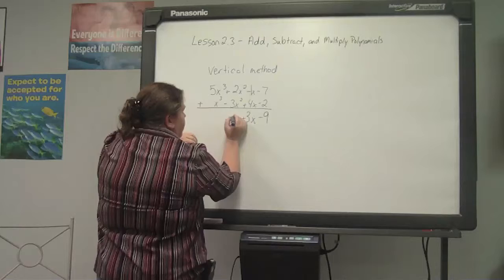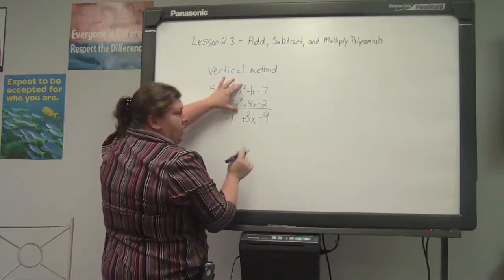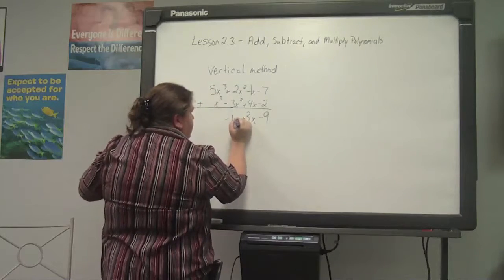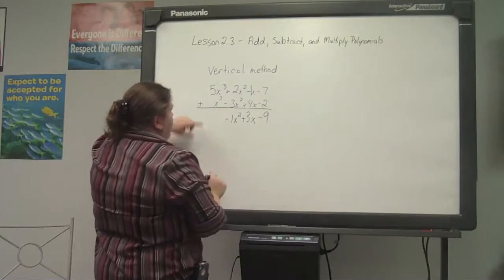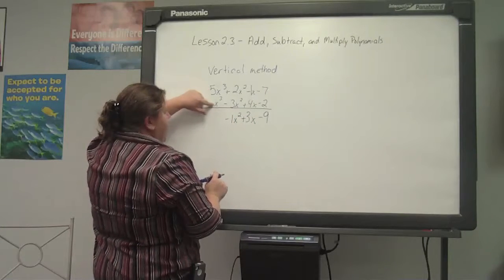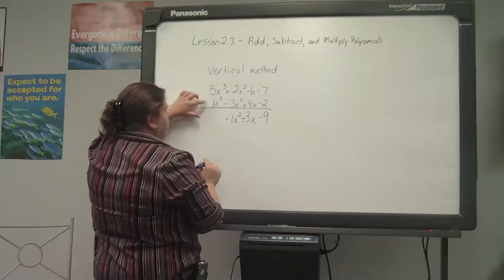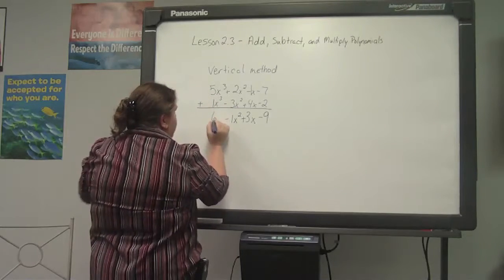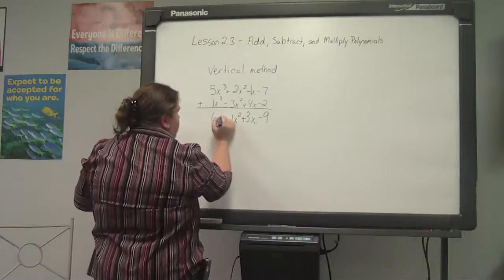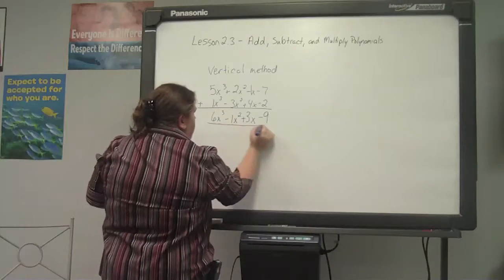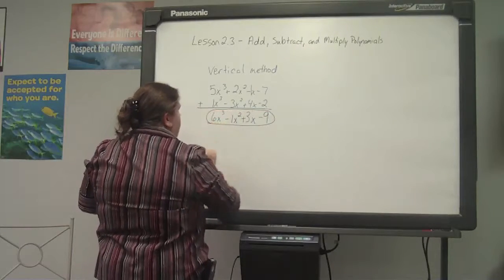That gives me a negative 1, and again I keep my x squared. Nothing changes with it. And then I have 5 plus x, and remember x means 1x. So 5 plus 1 gives me 6, and I keep my x cubed. And that is solving vertically.